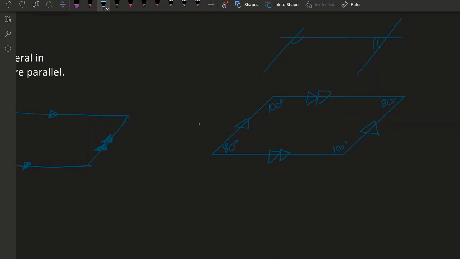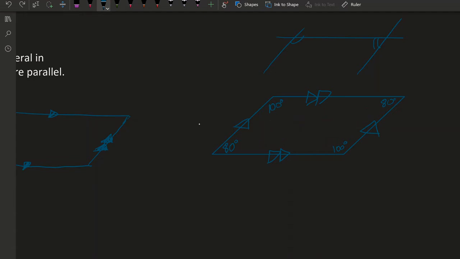So here's two things I want to point out. Using our vocabulary from chapter 3, no matter what the angles are to start off with, if you pick any two angles that are directly next to each other, any two consecutive angles, they're going to be supplementary. They're going to add up to 180 degrees.